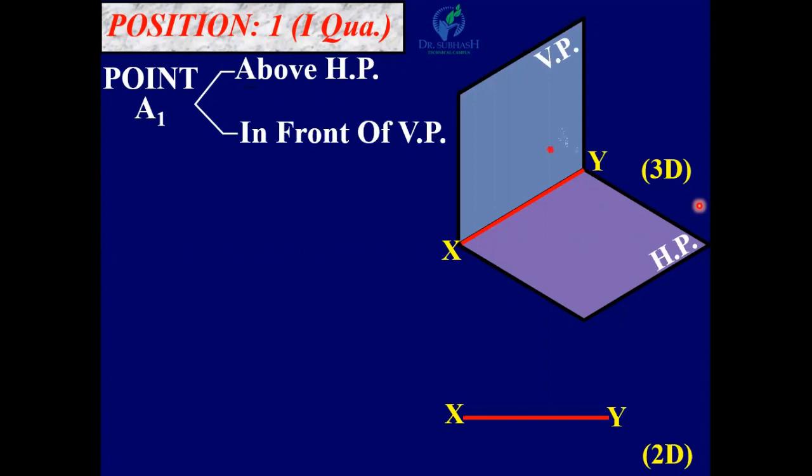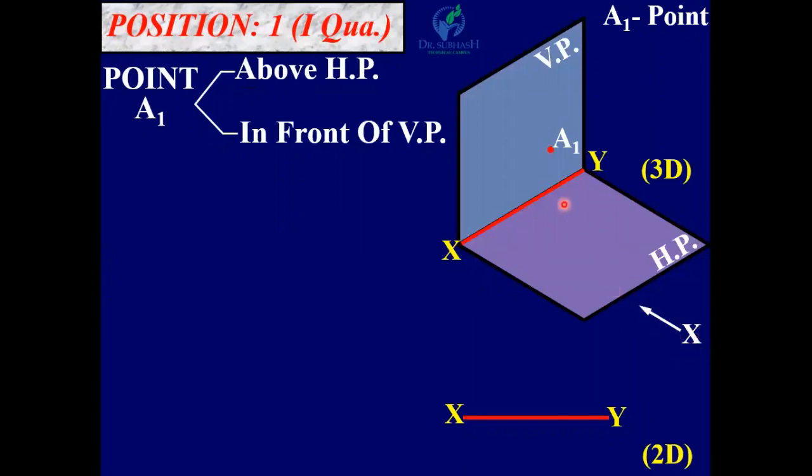Now here you can see the point A1. The original point is always denoted by a capital letter, so it is denoted by capital A1. Now you are looking from this direction, the X direction.